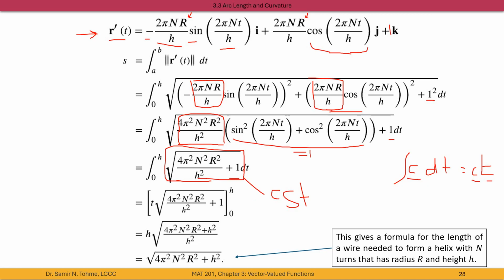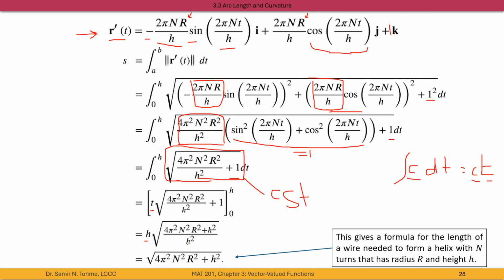Since this is a constant, we're going to write the variable t multiplied by this whole constant. Now, replace t with h, you're going to get h times this constant.